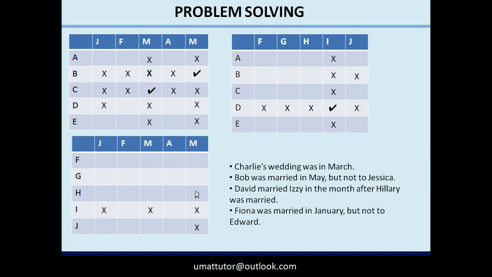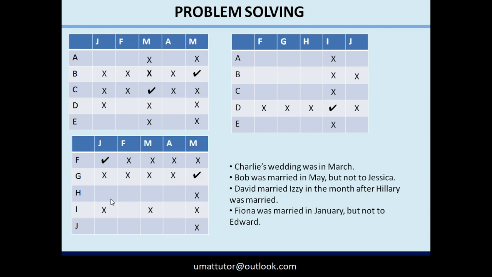So now on to the final point. Fiona was married in January but not to Edward. So the first thing, Fiona was married in January. So we can say Fiona January, therefore none of the rest down here. At this point we can also say that because none of the four women so far were married in May, Georgia must therefore get married in May, so I can put that in.